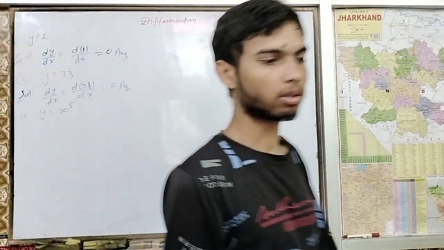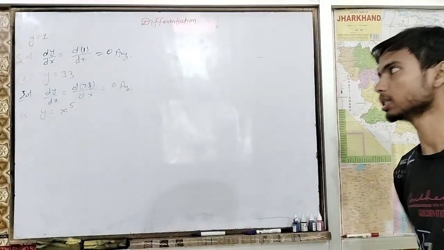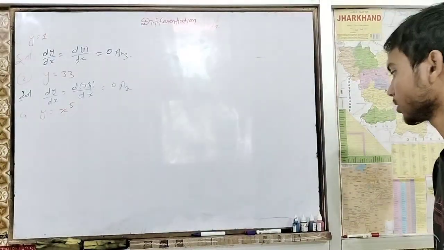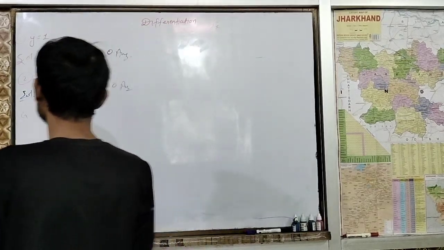How to differentiate it? The question is y as x raised to power 5. This is very easy. Look over here. Just write dy upon dx.